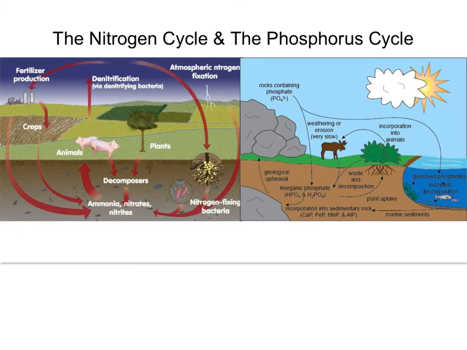So the last one I'm going to talk about are the nitrogen and phosphorus cycles, and I kind of combined them. I think it's kind of cool to see them side by side. So there's lots and lots of nitrogen in the atmosphere in the form of N2.